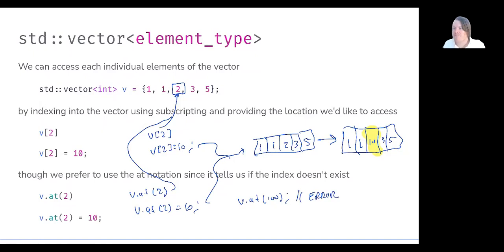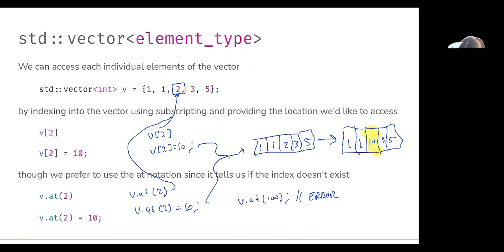It's going to be very clear to us, and if you're familiar with exceptions, it's essentially an exception being thrown in this case. Once we learn about error handling, it will allow us to gracefully deal with conditions such as this: attempting to access elements outside the range of our container.